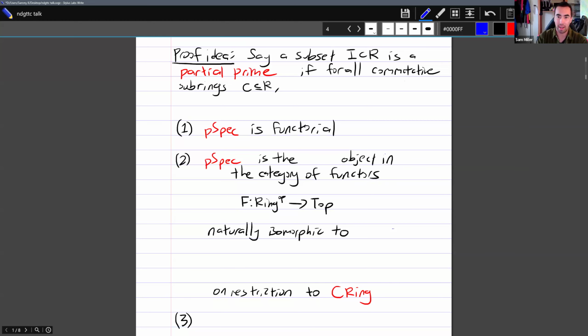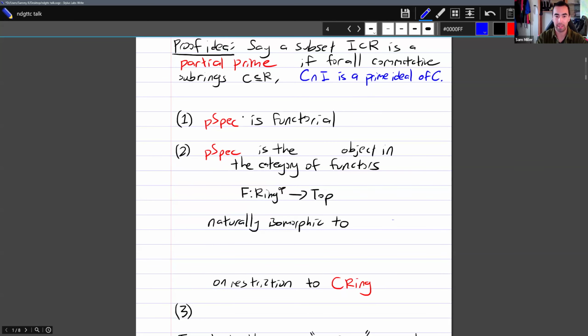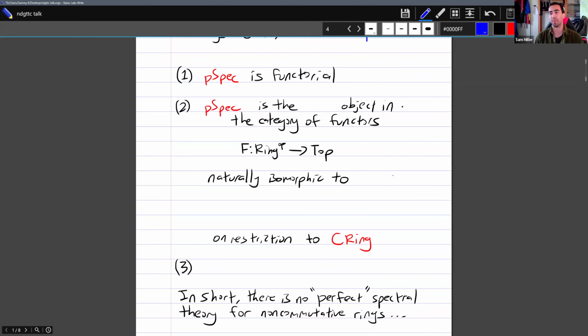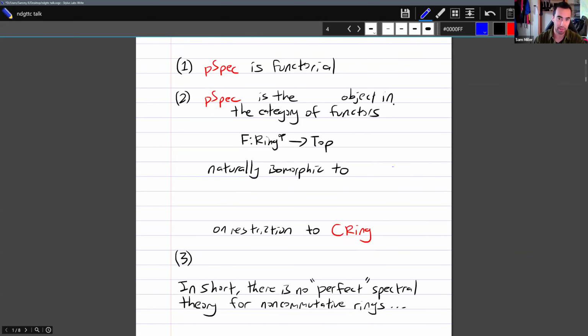So we say that a subset I contained in R is a partial prime ideal if for all commutative subrings C contained in R, we have that C intersect I is a prime ideal of C. And so we can define P spec just to be the collection of all partial primes. And this has the analogously defined Zariski topology.